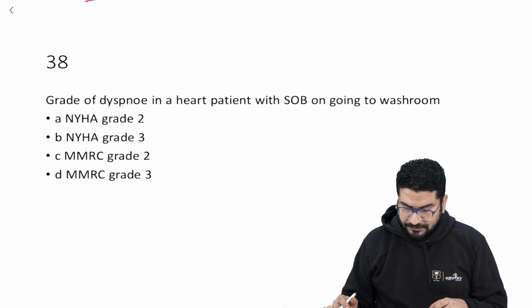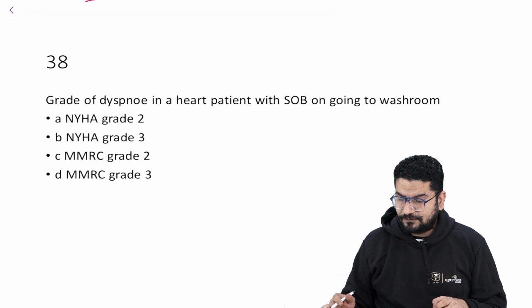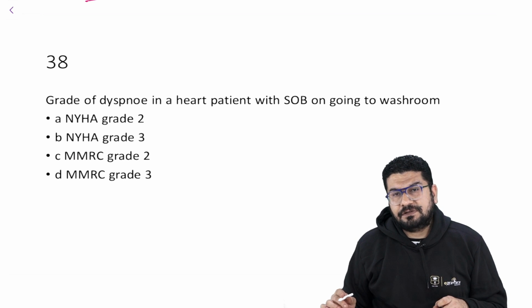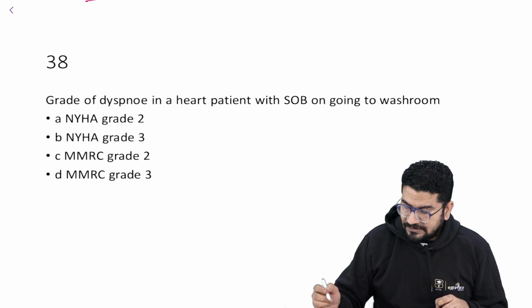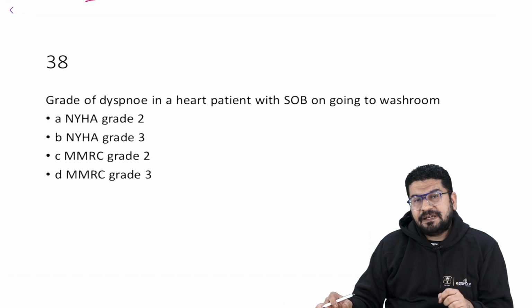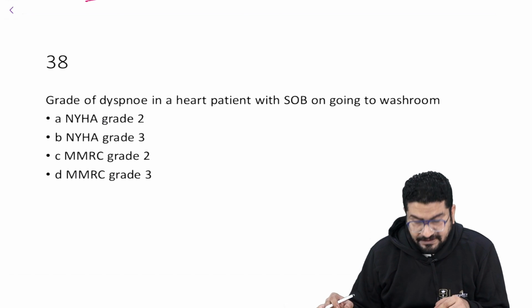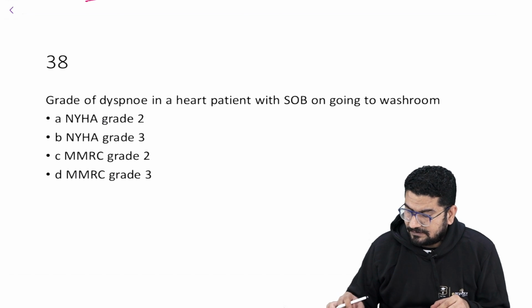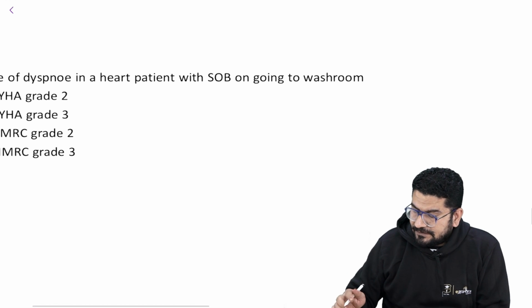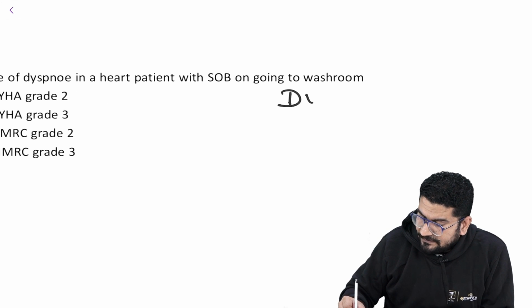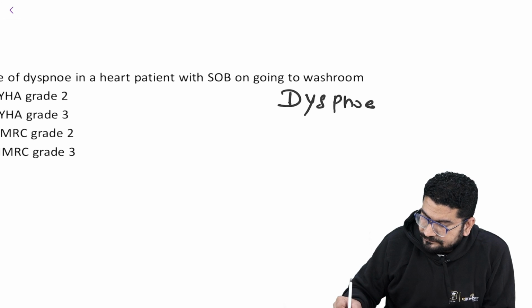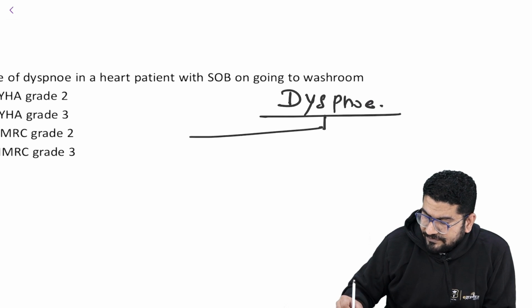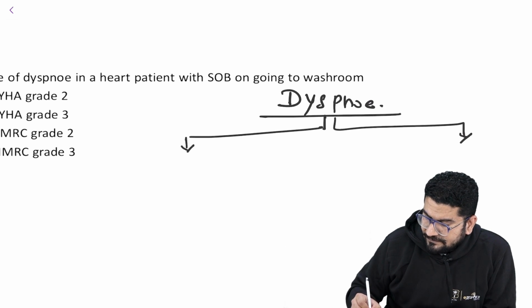Okay, then we have an MCQ on grade of dyspnea in a heart patient with shortness of breath and going to the washroom. Whenever we see dyspnea in a person, understand this: for dyspnea we have 2 types of classification. For a cardiac patient, we use NYHA.